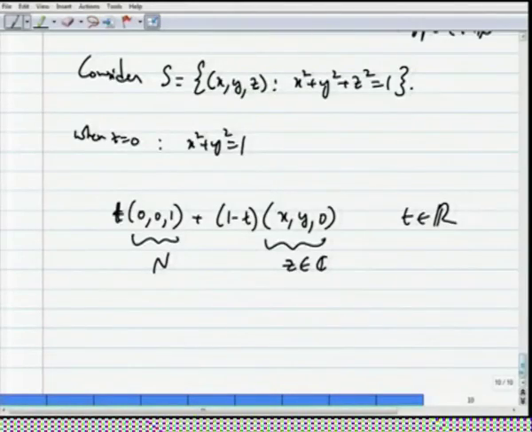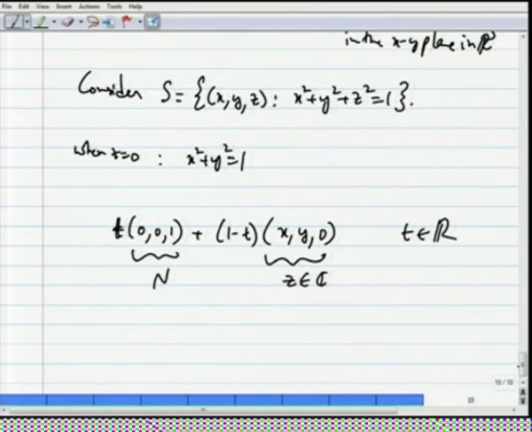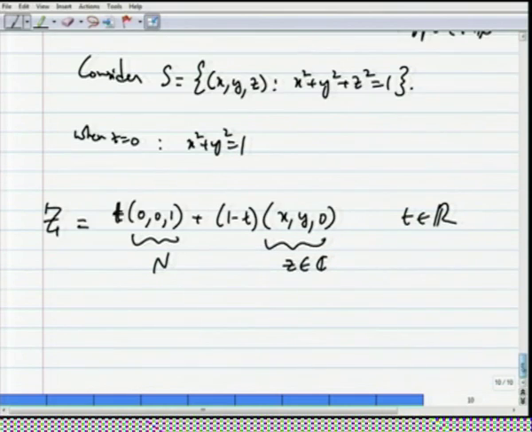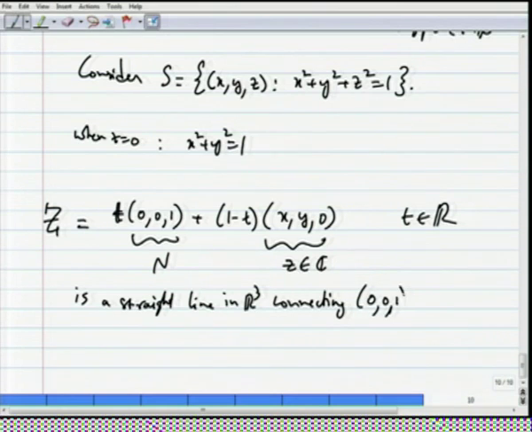Let us call this point in R 3 capital Z, a straight line in R 3 connecting 0, 0, 1 to the complex number x y 0.